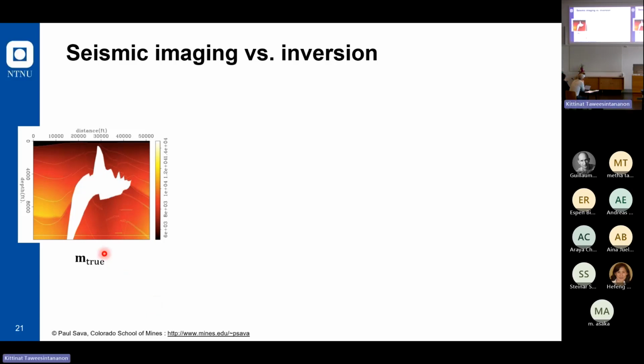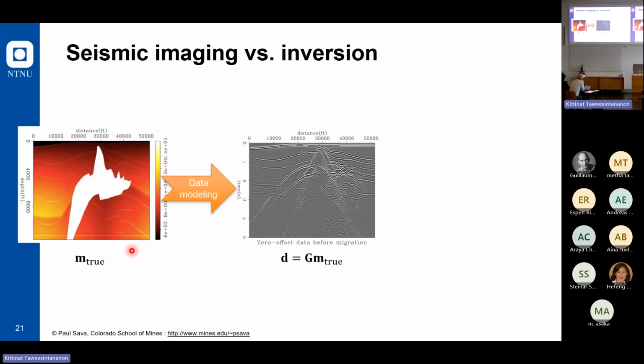So this is, for example, the true synthetic model here. First, if you want to have data, we can try to simulate the real seismic survey by doing data modeling to get this kind of zero offset data, by using some wave propagation operator G to propagate the wave into the model and get the data here.